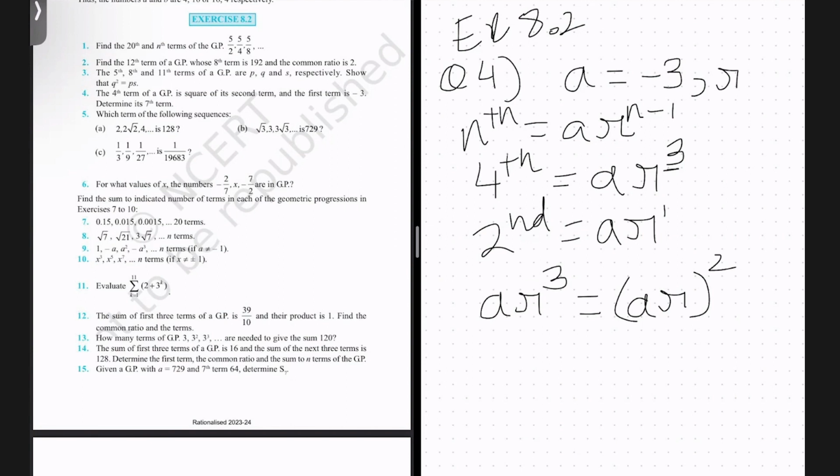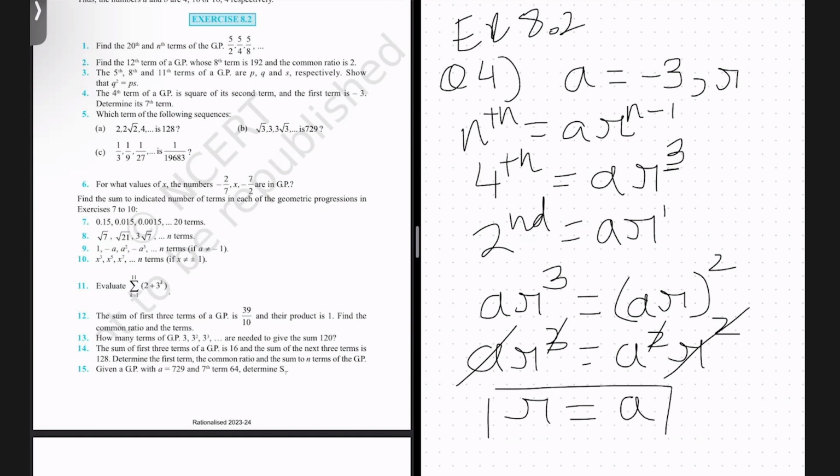After this, we can square the second side. So we square both the terms inside the bracket. We get A square r square, correct? A gets cancelled, r gets cancelled. So we have r equal to A, correct?